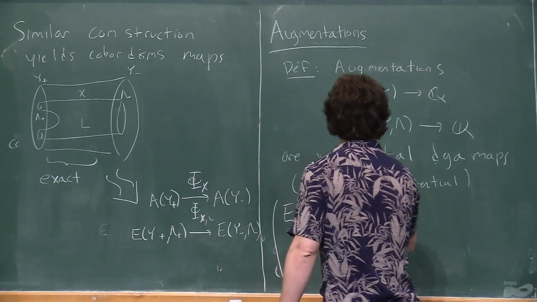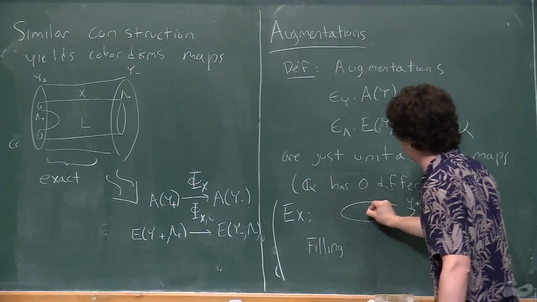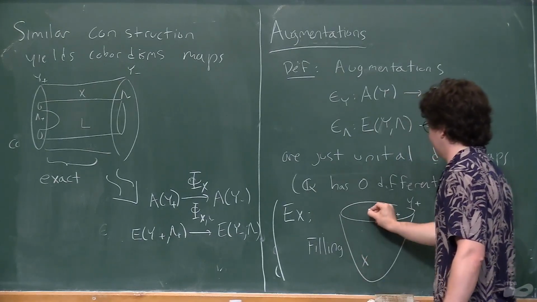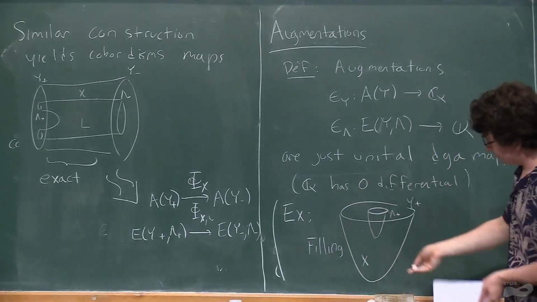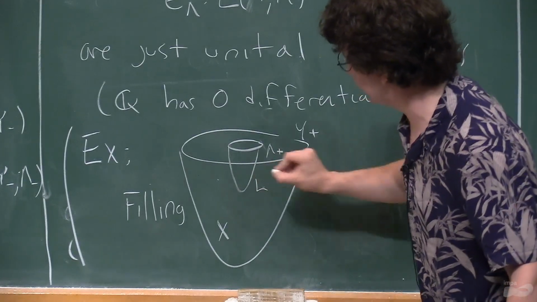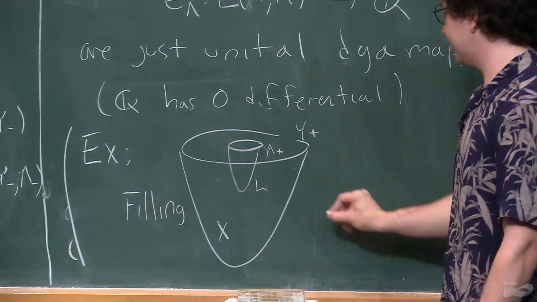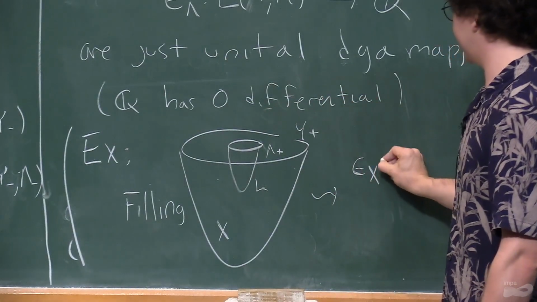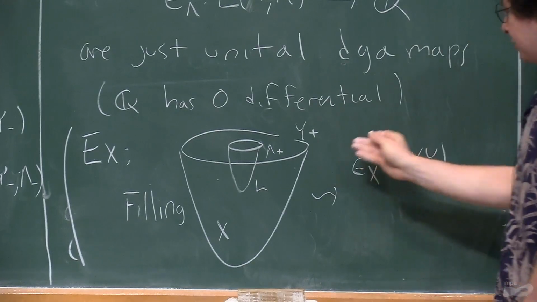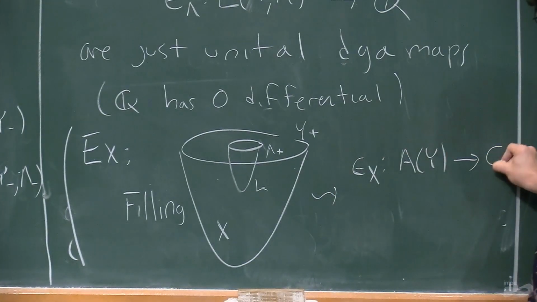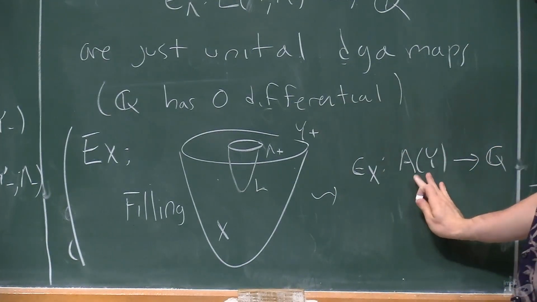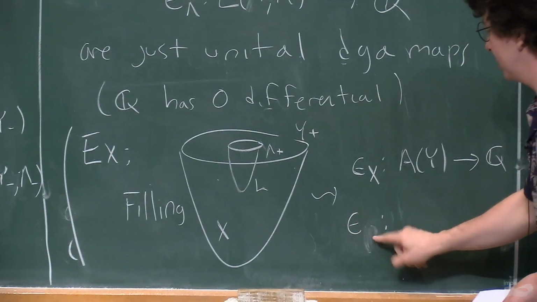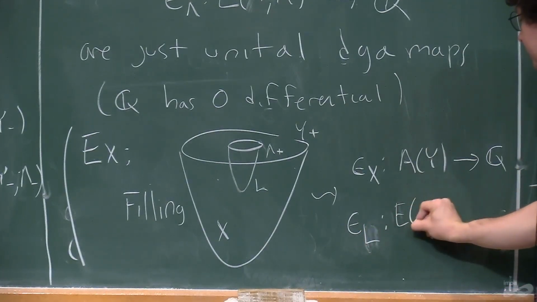If I have a contact manifold and a Legendrian inside of it, and a filling of this by some Liouville X, and also some exact Lagrangian inside of X, then by this functoriality, I get an augmentation associated to the symplectic manifold, which goes onto the contact DGA, and also an augmentation associated to the Lagrangian on the Legendrian part.